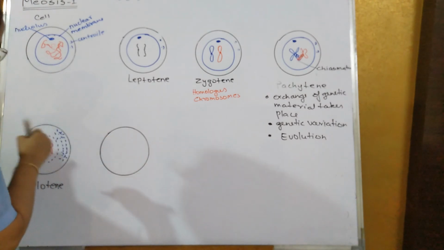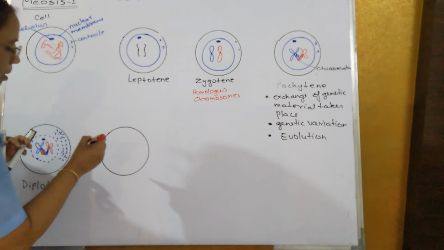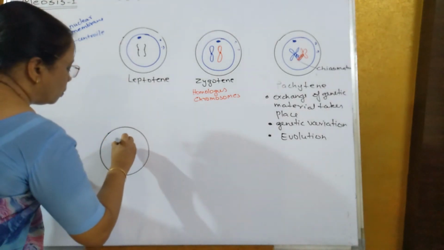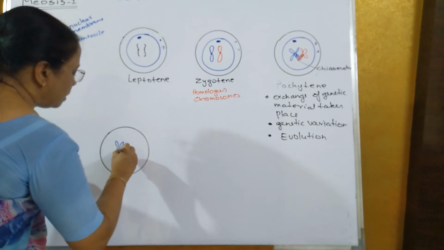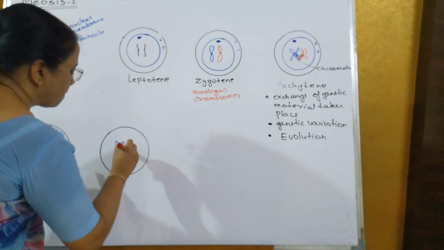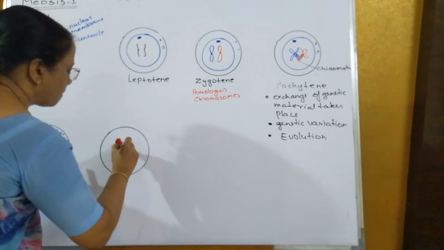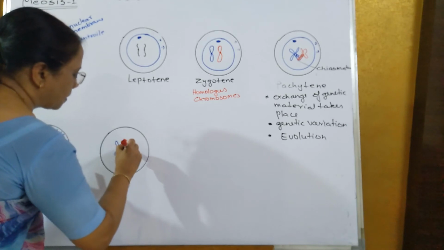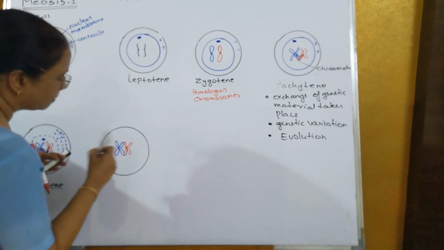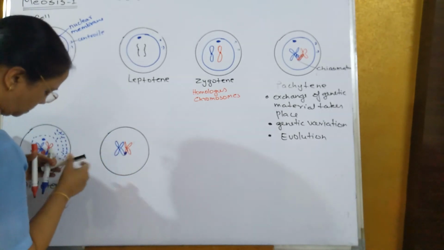Now in diakinesis, what happens? The nuclear membrane and nucleolus disappear completely, and the chromosomes repel each other, but they are attached at one end.